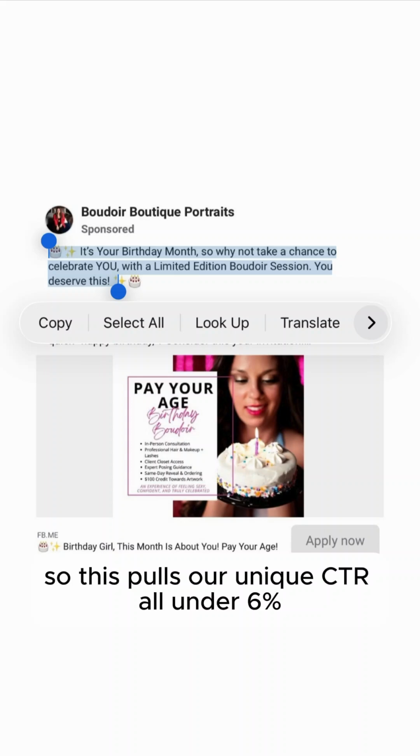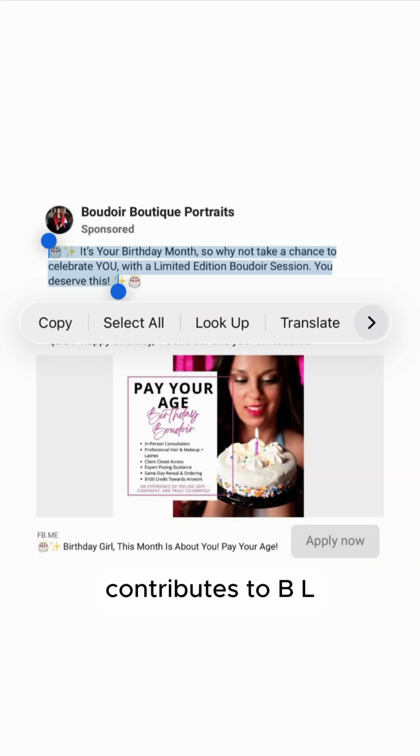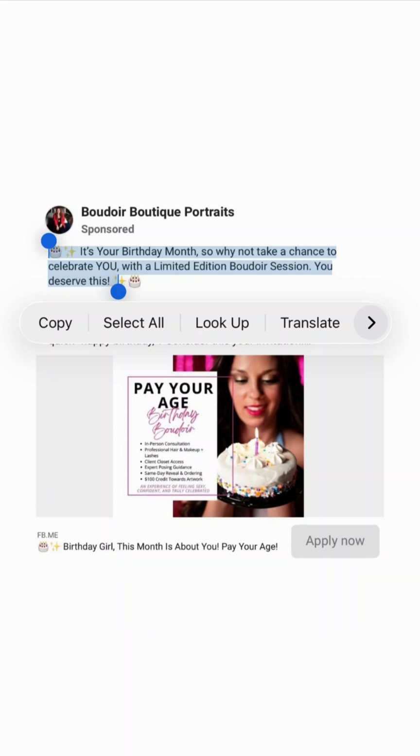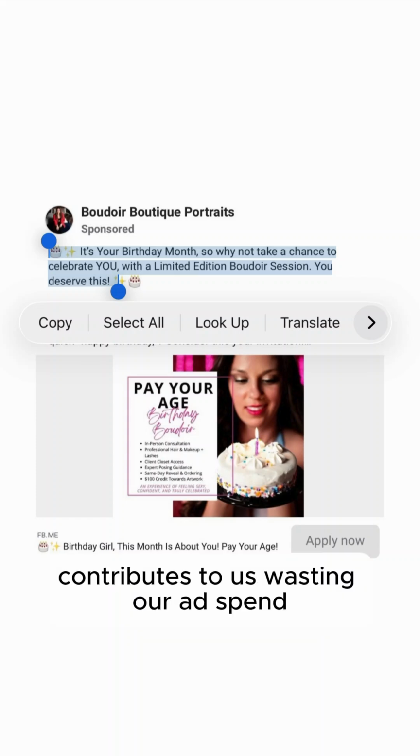So this pulls our unique CTR under 6%, contributes to BLCS, aka Boudoir low click syndrome, and contributes to us wasting our ad spend.